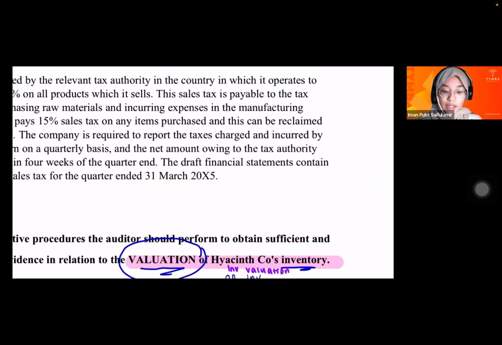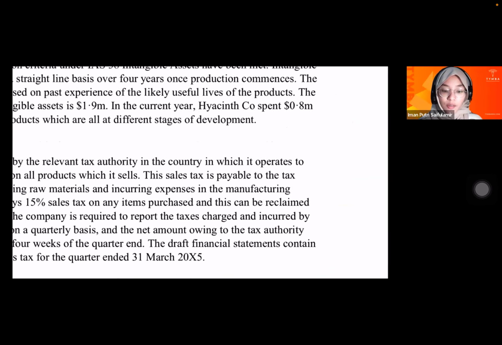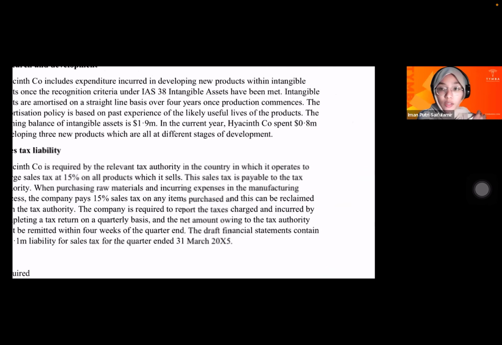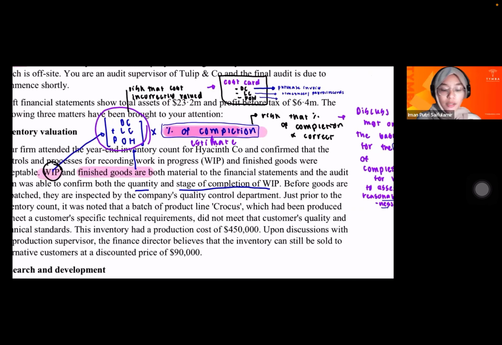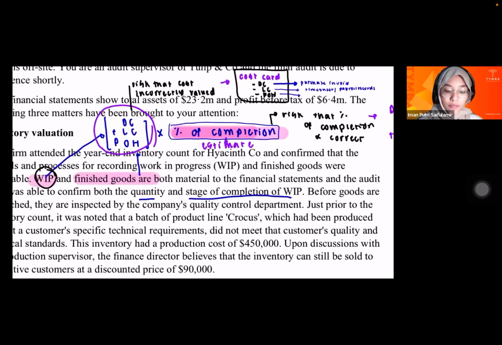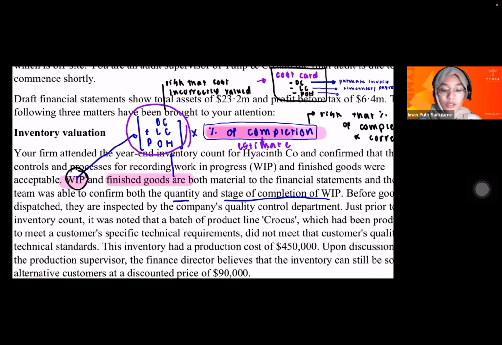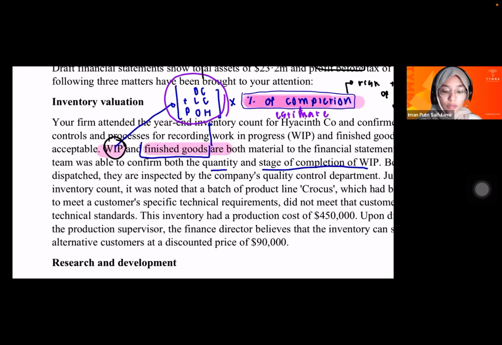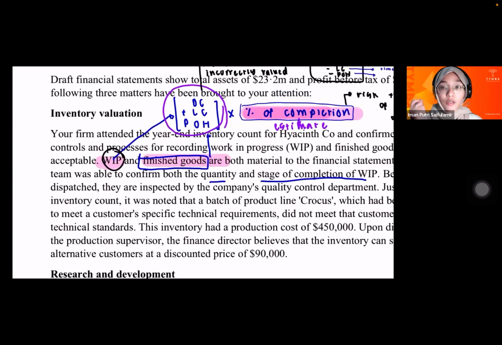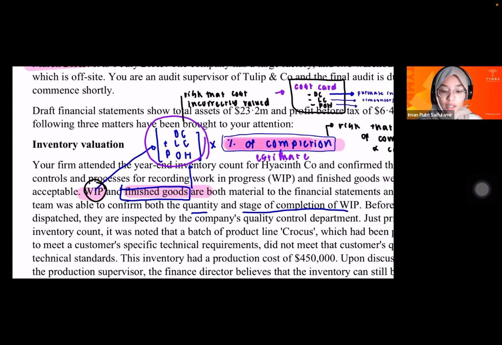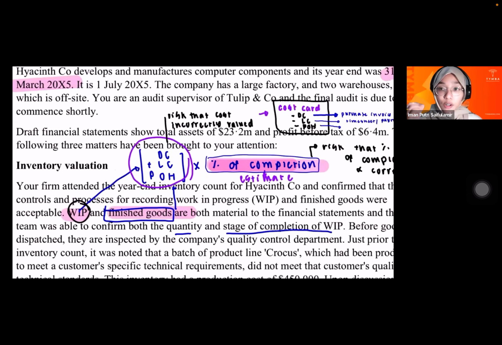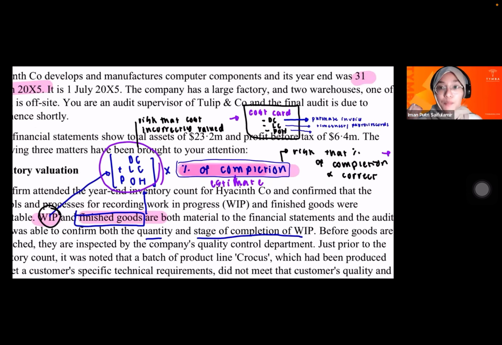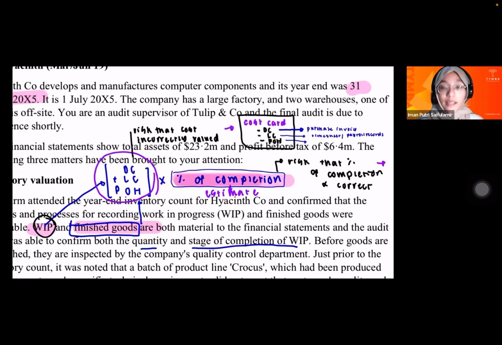So just now we talked about, next is on the total cost of the finished goods. The finished goods total cost will consist of direct cost, labor cost, and production overhead. For the details of these, you can obtain the cost card.